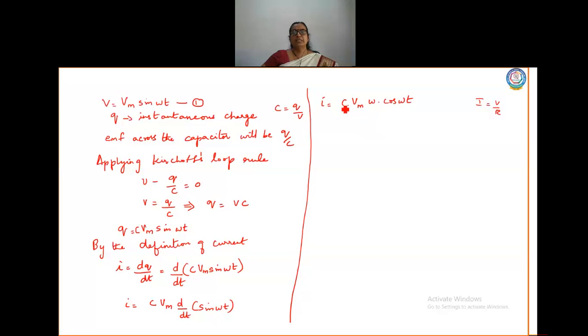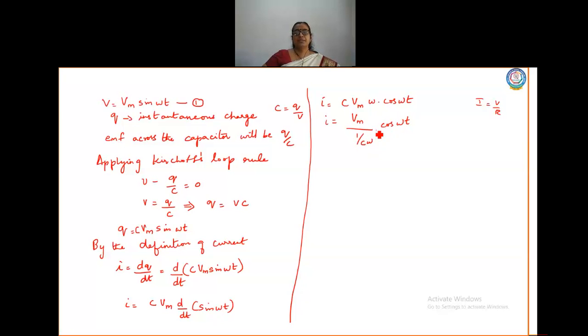So in order to bring this C omega into the denominator, I'll just rearrange this and write it as Vm by 1 by C omega into cos omega t. Now this is just a simple rearrangement, that's all. I wanted to have some term in terms of resistance as per Ohm's law, so I rearrange this as 1 by C omega.